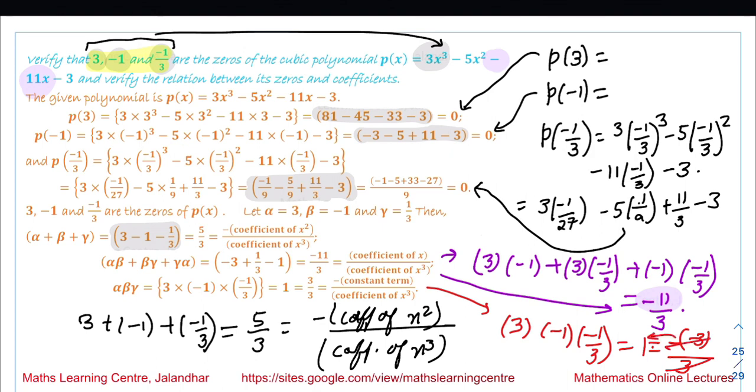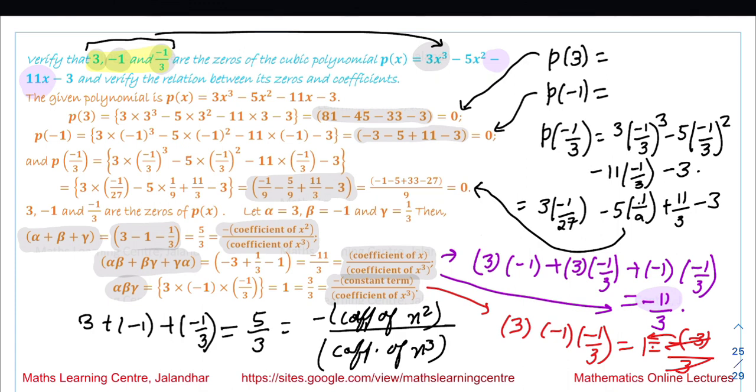So these three things we have verified over here, that alpha plus beta plus gamma is equal to this value, alpha beta plus beta gamma plus gamma alpha is equal to this, and alpha into beta into gamma is minus the constant term over the coefficient of x cube. So we have verified the relation between the zeros and the coefficients.